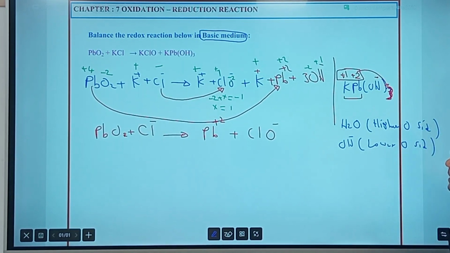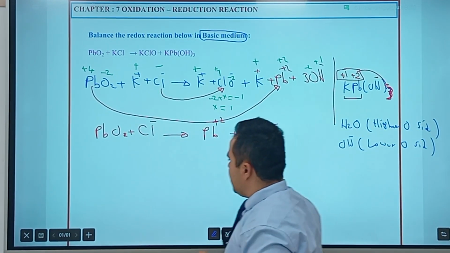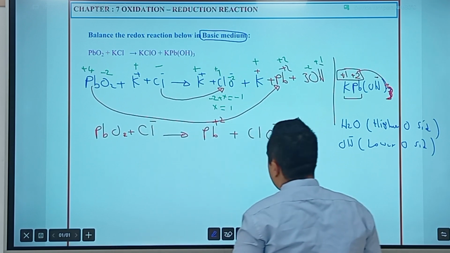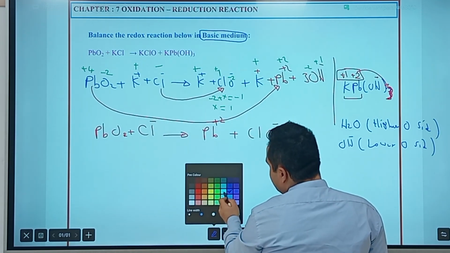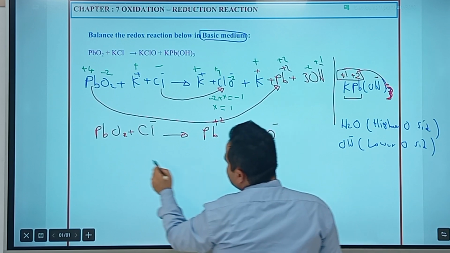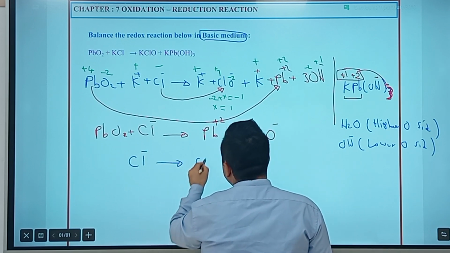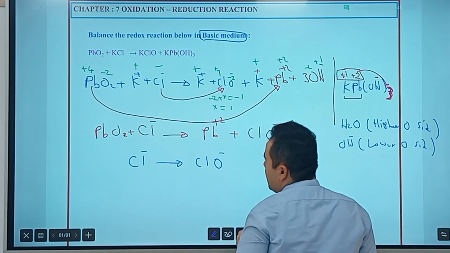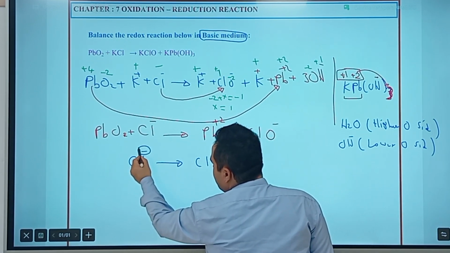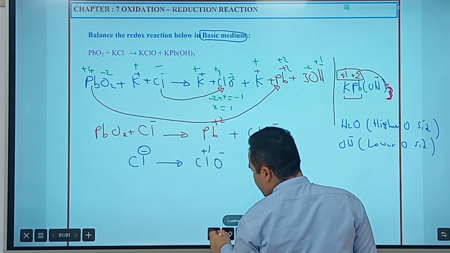Don't forget this, guys. Let us take the oxidation half: Cl negative goes to form ClO negative. The oxidation number of Cl here is negative 1, here is positive 1.